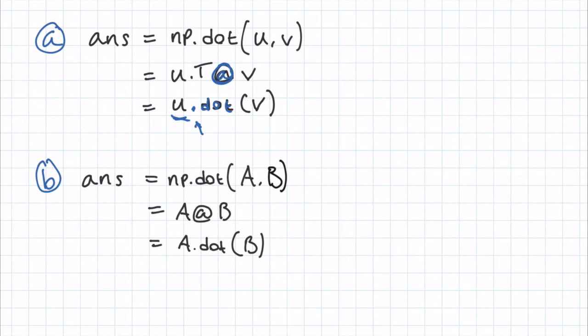Also, for matrices, the same holds. So we can pass both A and B into the dot function, or we can use the @ sign, or we can use the object-based dot notation.